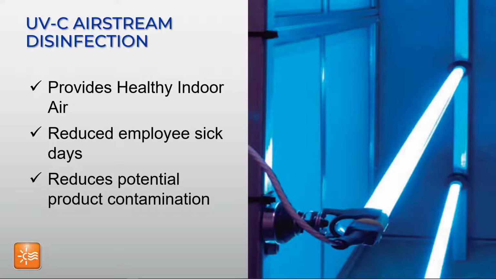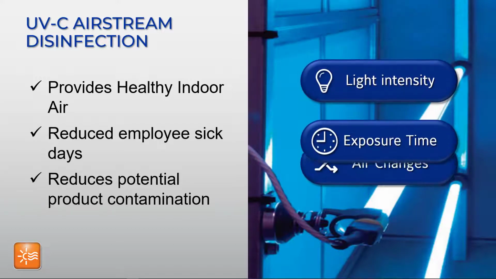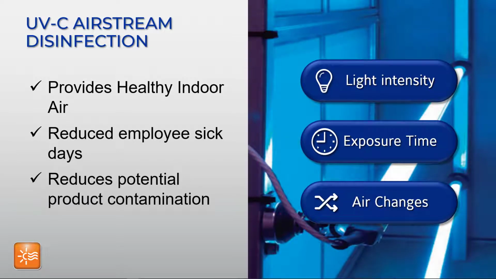Now, the effectiveness of UV disinfection is largely the result of three variables: intensity, exposure time, and air changes. The high number of air changes in our industry versus the HVAC world allows us to properly balance the lighting system and the performance effects these lights can cause.